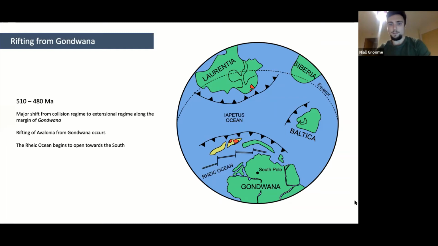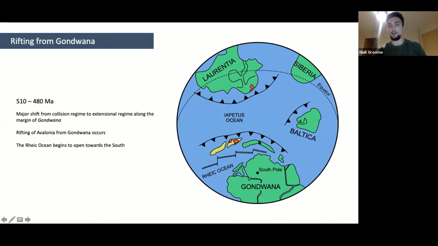And it appears, based on the differences in ages between our volcanism along the margin of Gondwana, so over here in Western Avalonia, which is modern day Canada, the volcanic trend is about 30 to 40 million years ahead of that in the UK.